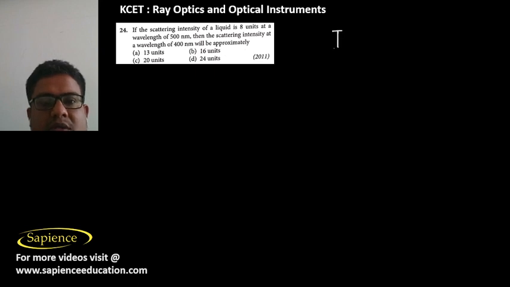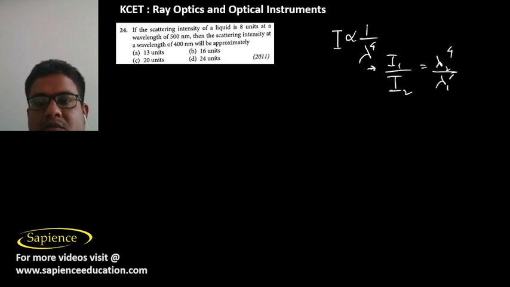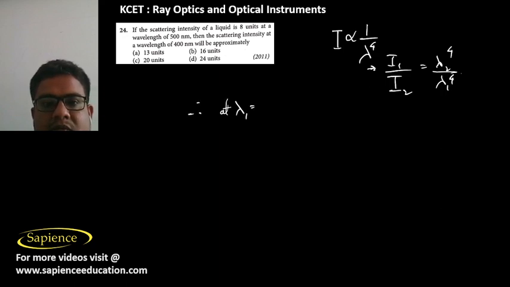So we know that intensity is proportional to 1 by lambda power 4. So it means that I1 by I2 is equal to lambda 2 whole power 4 by lambda 1 whole power 4. It is told that at lambda 1 equal to 500 nanometer, the scattering intensity is 8 units.